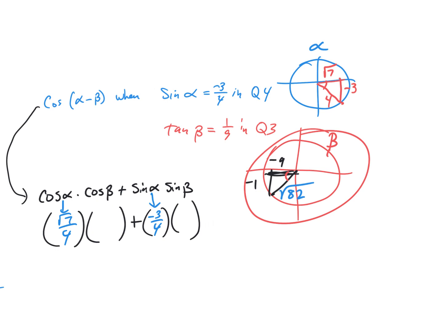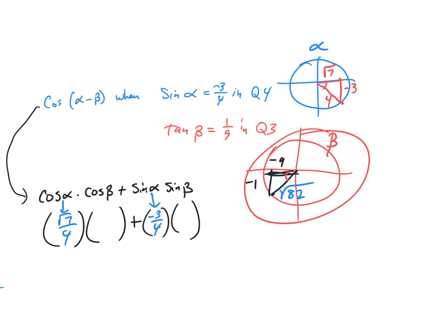Is that it? Well, you just gave me opposite over hypotenuse. Take a look at my triangle. Did you have your 1 and your 9 and your 82 in the spots that I did? No, I didn't. Sorry. That's all right. I'll come back to you.